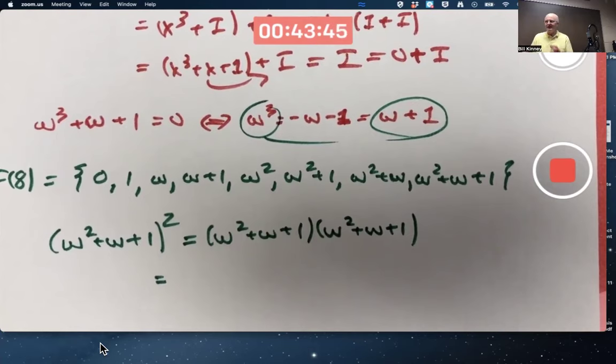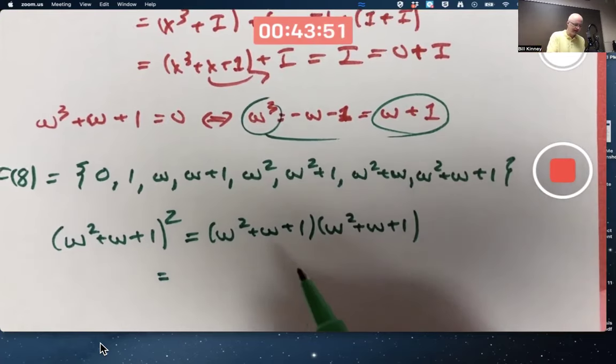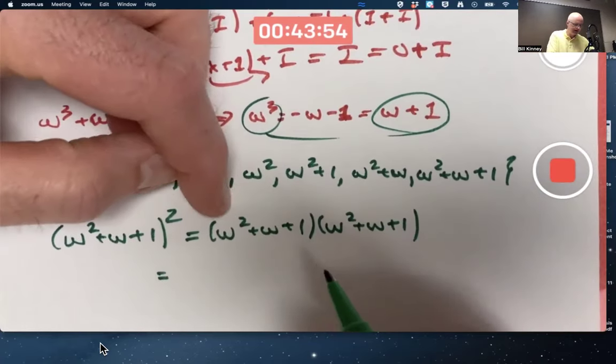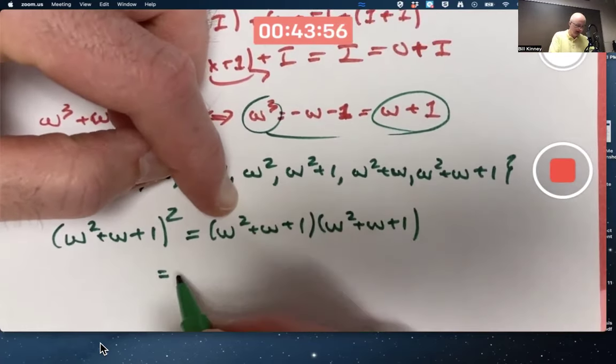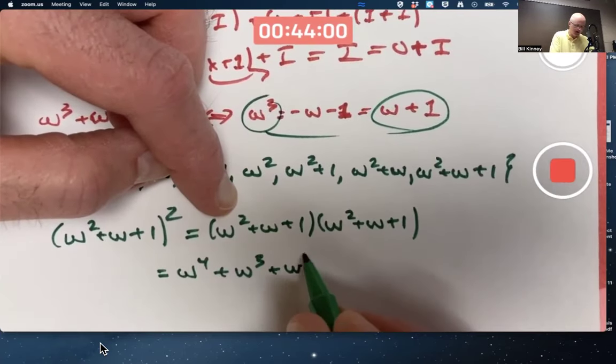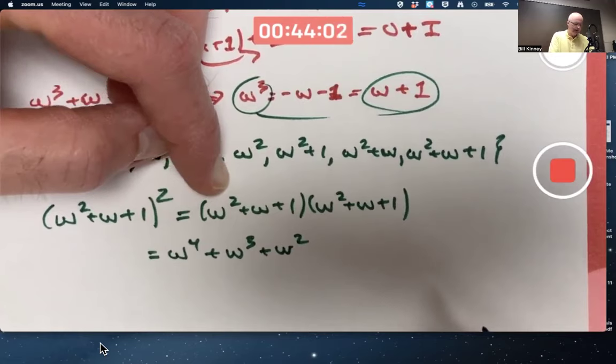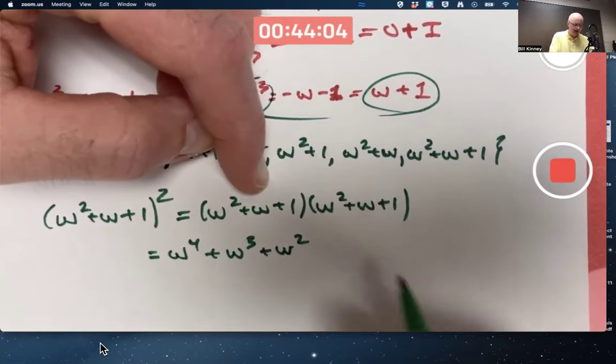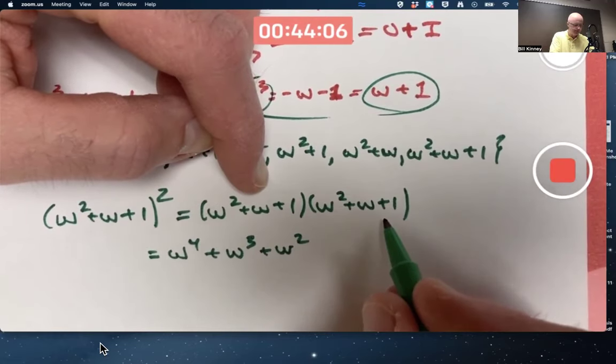This is multiplying two trinomials, not binomials, so I can't FOIL it, but I can generalize FOIL, so to speak. For example, I can take omega squared times each element over here and get omega to the fourth plus omega cubed plus omega squared. Then I can go to the next term, omega, and multiply it times every term over here.